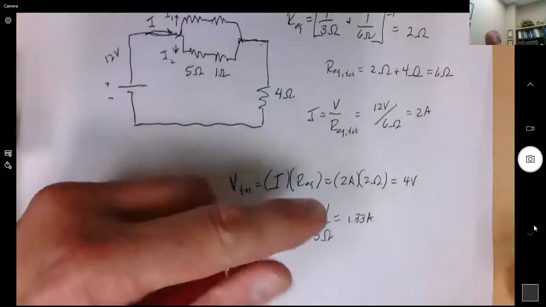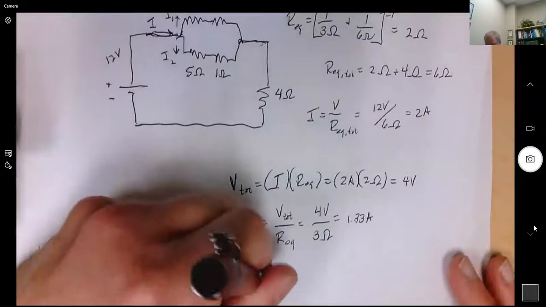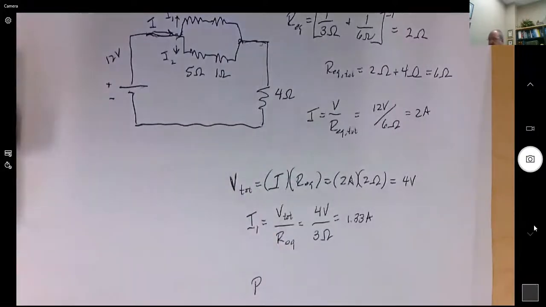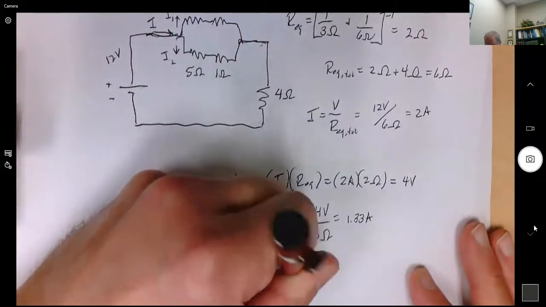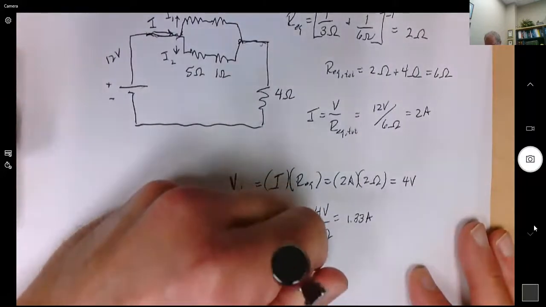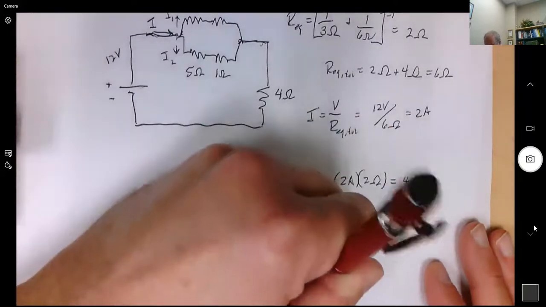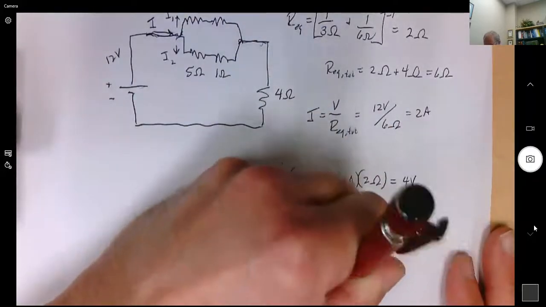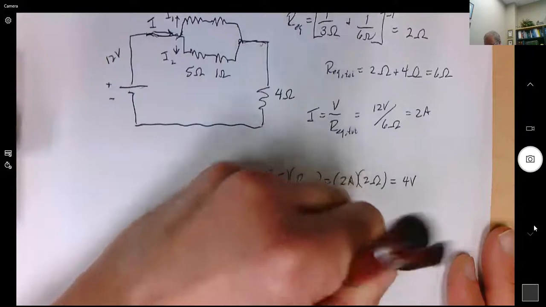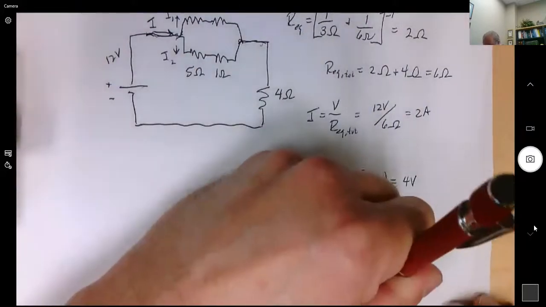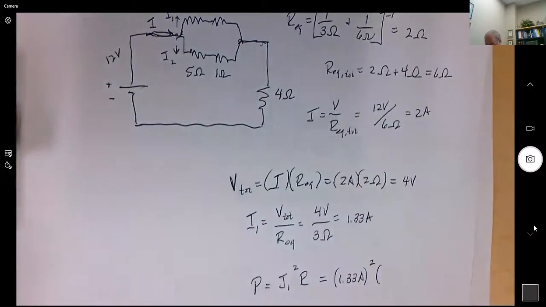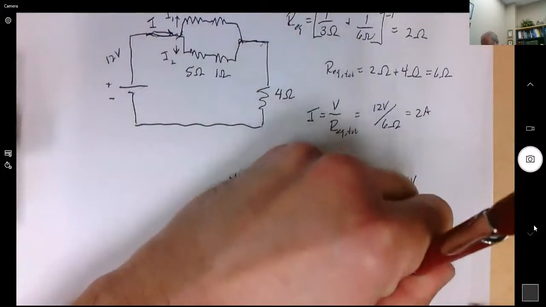So if I want to know the power, remember the original question was to find the power that is dissipated. So that would be equal to I1 squared times the resistor. So that's equal to 1.33 amps, quantity squared, times the resistance, which is 2 ohms.